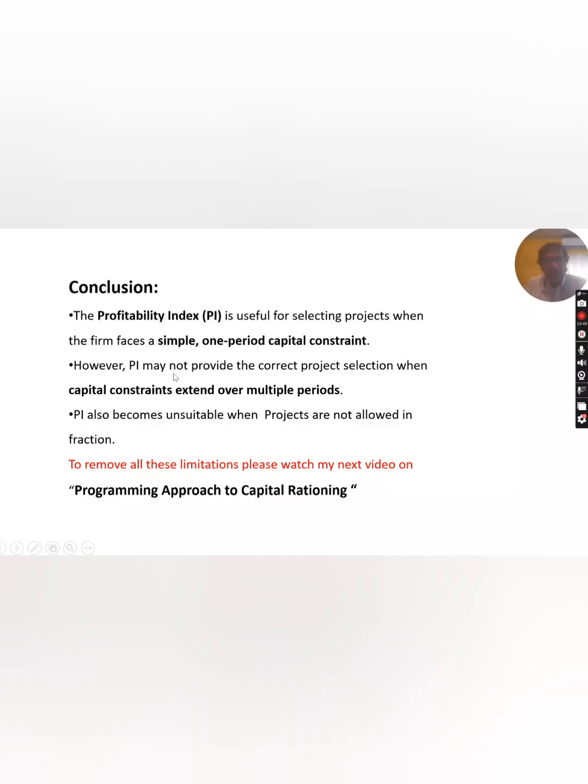However, PI may not provide the correct selection of the project when capital constraint extends over multiple periods, that I've already discussed. In that case, PI rule fails. Again, PI ranking rules become unsuitable or not applicable when projects are not allowed in fractions. This is the conclusion.